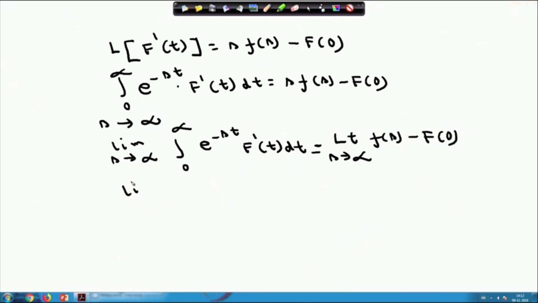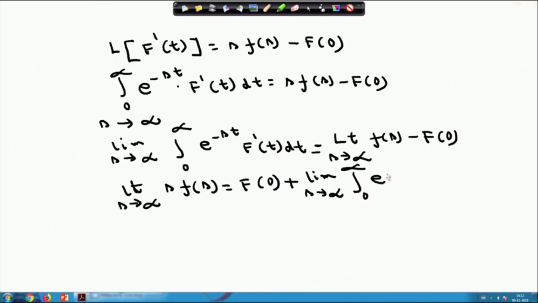Or this I can again write as limiting value of s approaches infinity of s F(s), this is equal to f(0) plus limit s approaches infinity of the integral from 0 to infinity of e to the power minus s t into f'(t) dt.